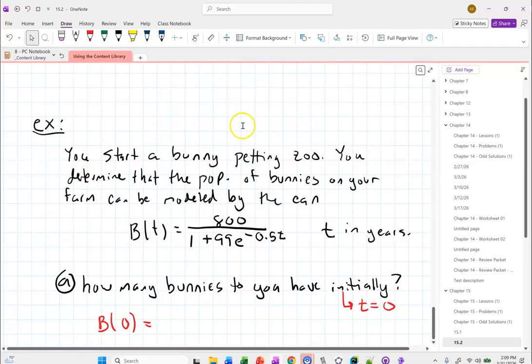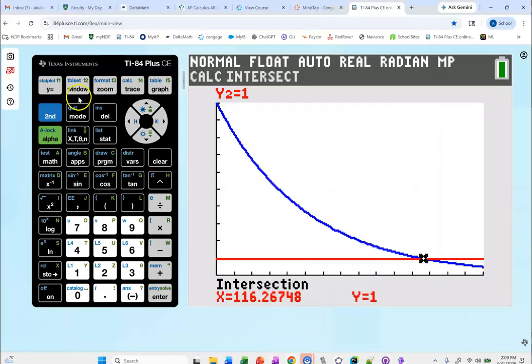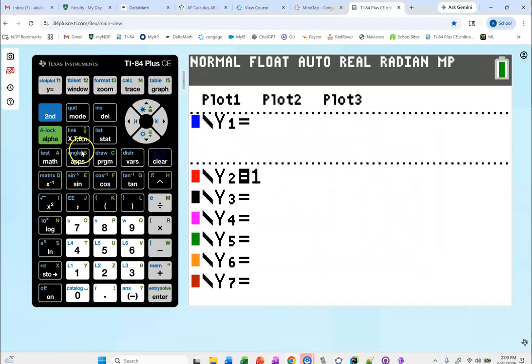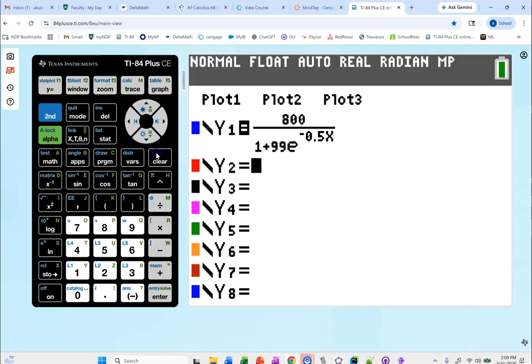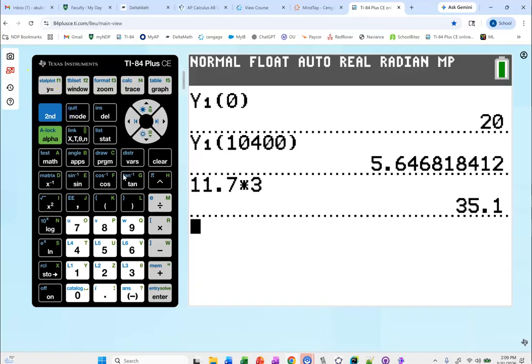So you said that in a problem like this, we'll always be given the model? You would not be expected to write your own logistic model. Yep. So just like the example at the very beginning of class, because I'm being asked to do a couple of things here, I'm going to type this into the y equals and use this to do my solving rather than do it directly.